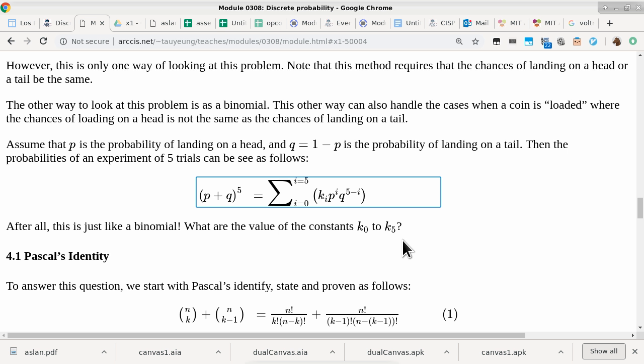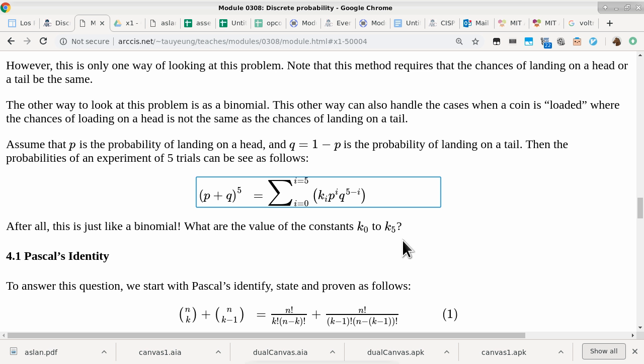That's kind of like a binomial thing, right? You can just expand it out and figure out, oh, we got 1, 1, and how many x's do we have? We got this many. How many x squared do we have? We have this many. How many x cubed, x to the power 4, and then x to the power 5, right? Okay. So if I use p and q, it's kind of the same deal.